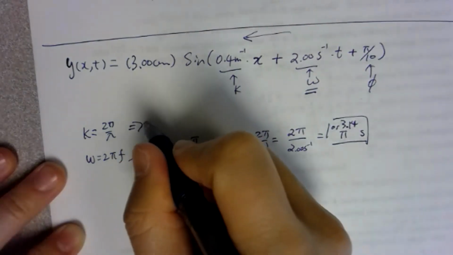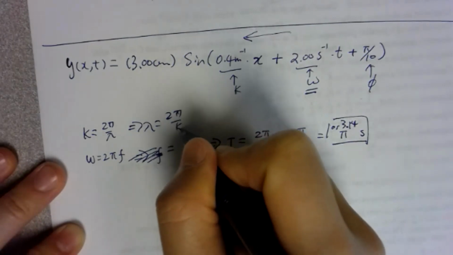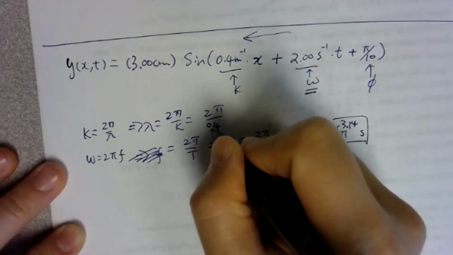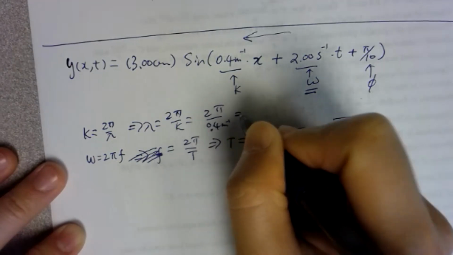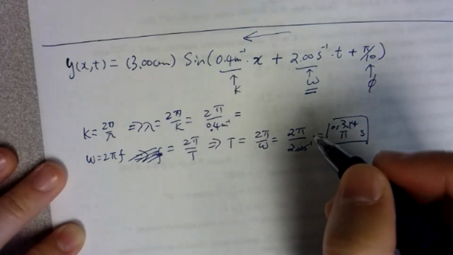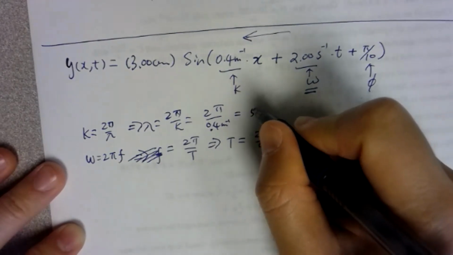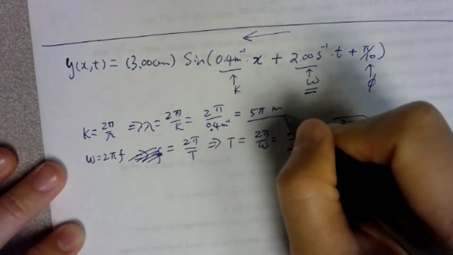From here, lambda is equal to 2 pi over k, so 2 pi over 0.4. That would be 5 pi meters.